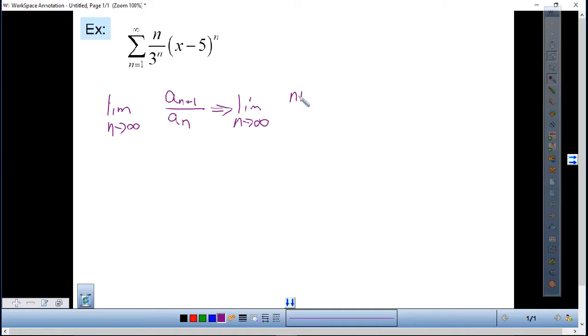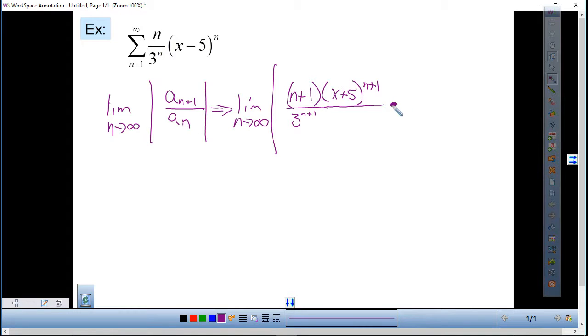So we end up with n plus 1 over 3 to the n plus 1. And on top, I've got x minus 5 to the n, so that's going to give x plus 5 to the n plus 1. Oh, and by the way, this is absolute value here. All right. And then instead of doing the division, we're going to do keep, change, flip.